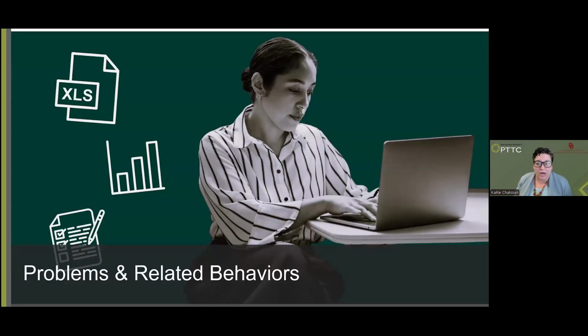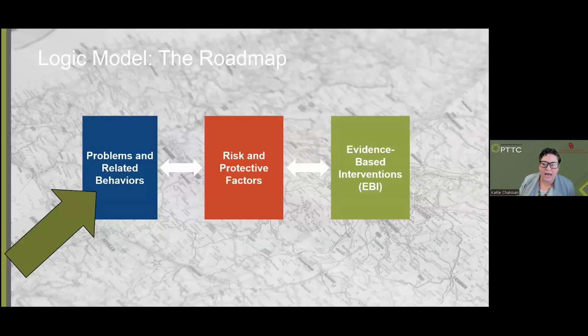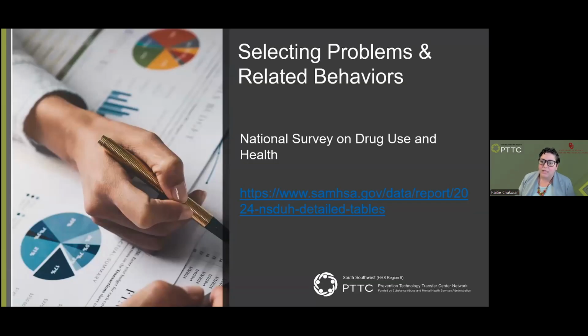So we're going to start by looking at problems and related behaviors, the left half of that logic model. To do so, we're going to need to understand data relevant to your communities. So what follows here are just a couple of slides of national and statewide data from the National Survey on Drug Use and Health, the NSDUH, between 2021 and 2024.